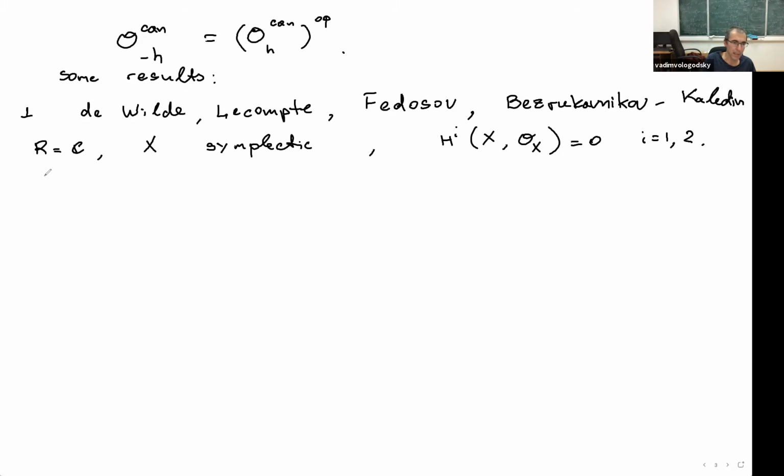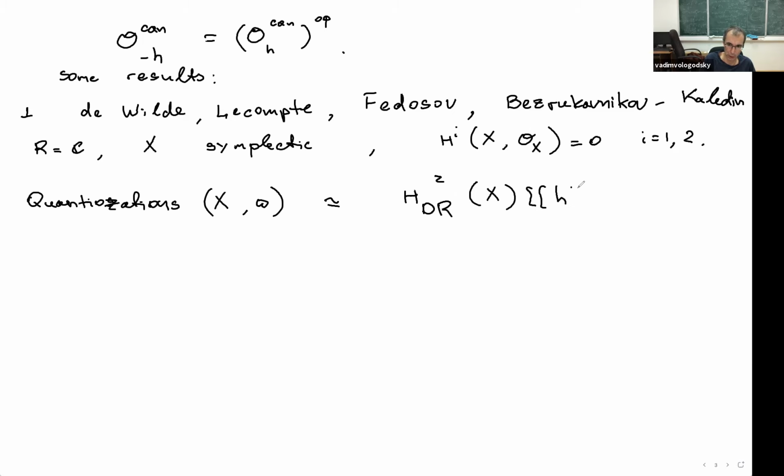So what they proved is that the set of isomorphism classes of quantizations of (X, omega) is in bijection with elements in the second de Rham cohomology of X, tensored with power series. So power series with coefficients in this vector space.